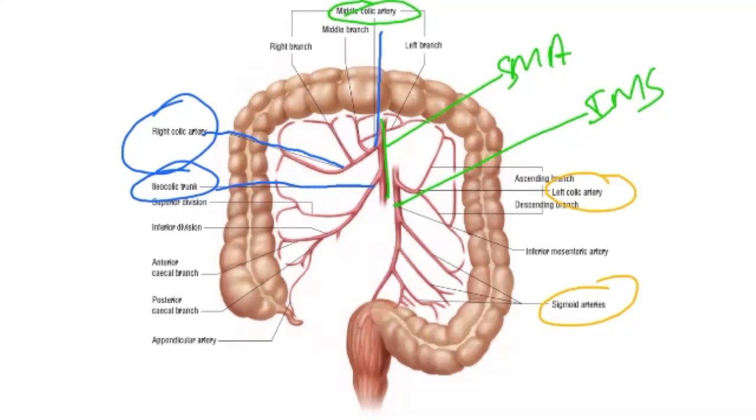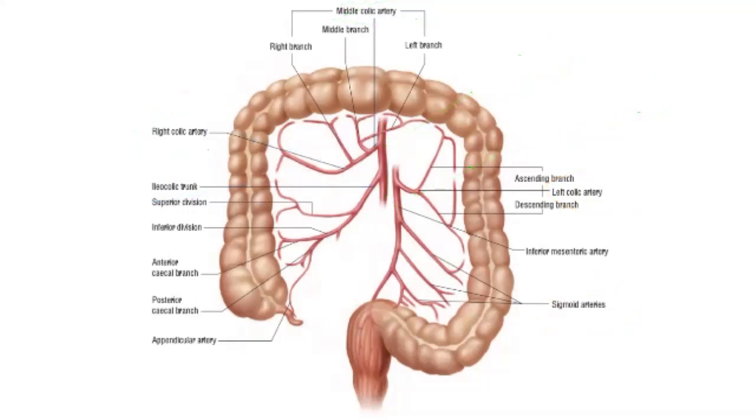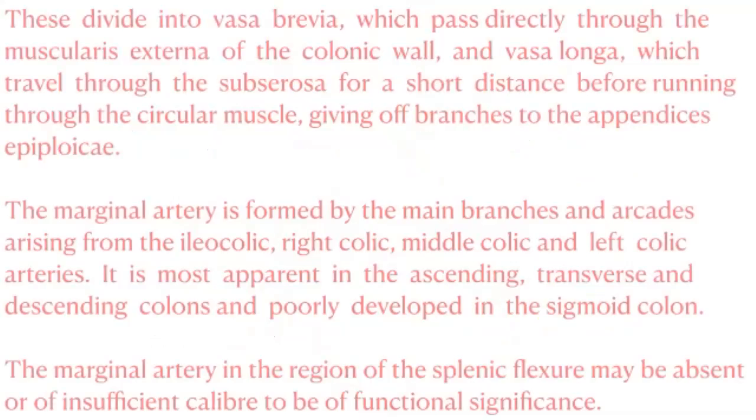So the marginal artery gives off branches. They divide into vasa brevia, which pass directly through the muscularis externa of the colonic wall, and vasa longa, which travel through the subserosa for a short distance before running through the circular muscle, giving branches to the appendices epiploicae.